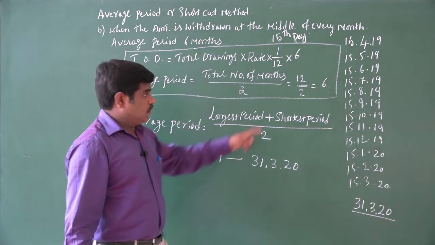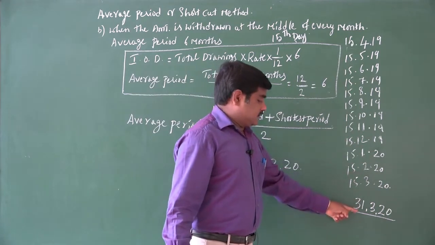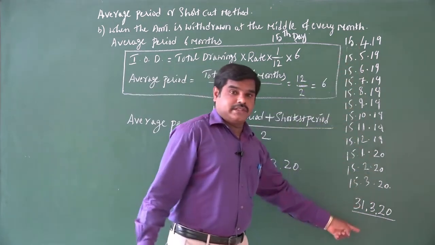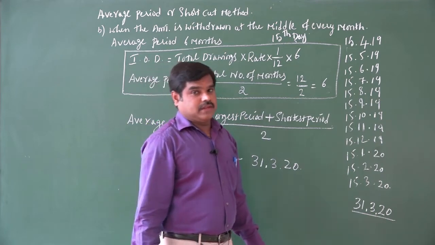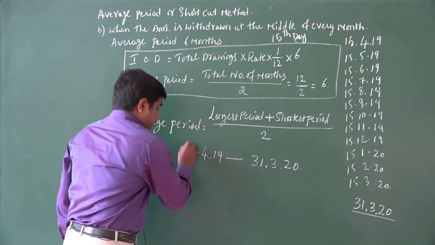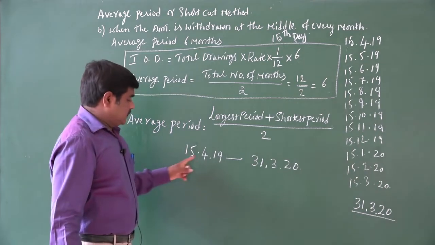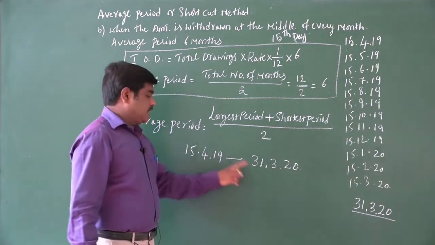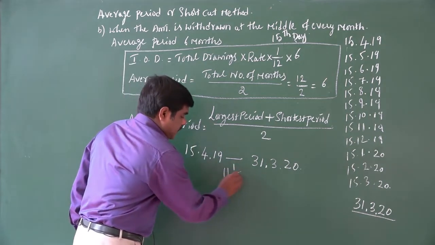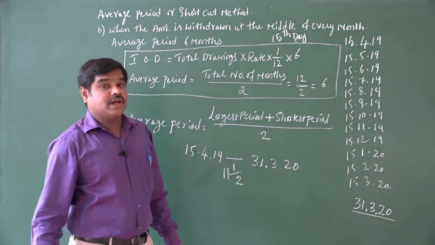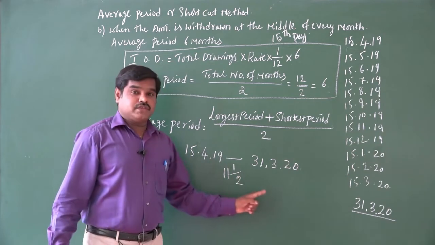Now, what you have to do is calculate the outstanding months from this date to this date. If the date of drawing is 15/4/2019, then to 31st March 2020 the outstanding months will be 11.5 months.